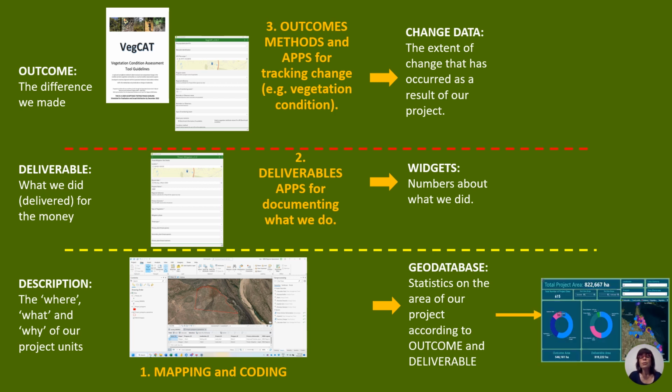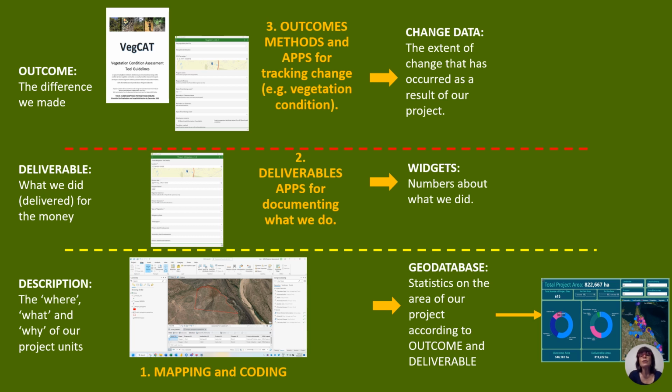When it comes to reporting at the statewide level, the first dashboard that I showed you earlier, the one that gives an overview of the projects, the amount of hectares under a land condition treatment, or the number of hectares in a particular region or area, is all generated simply through the geodatabase.